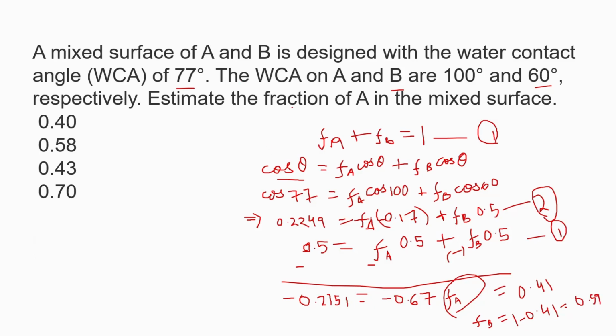The question asks about the fraction of A in the mixed surface, so FA is 0.41. So the first option, 0.4, is the closest one, and that will be the correct answer.